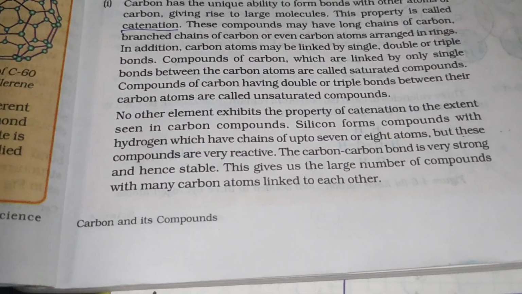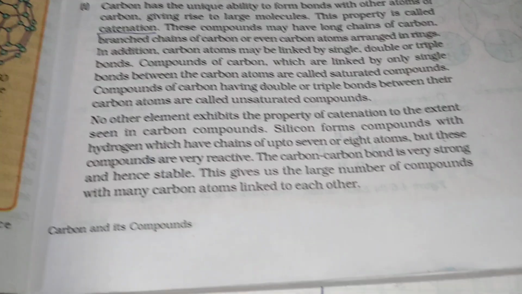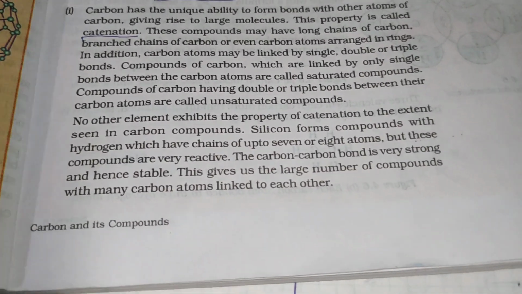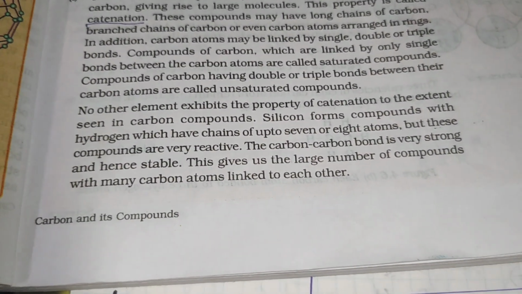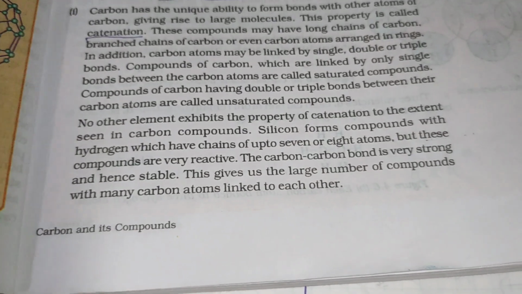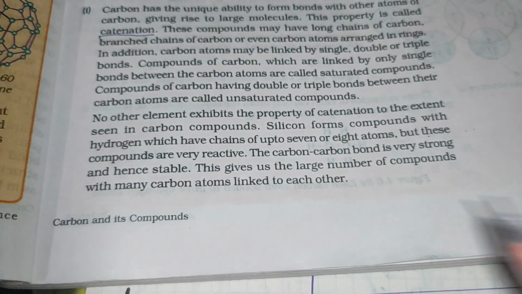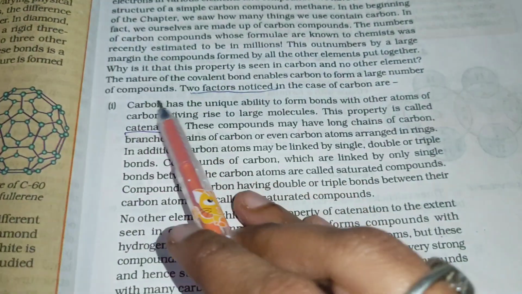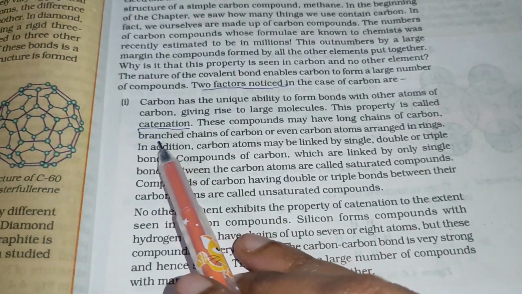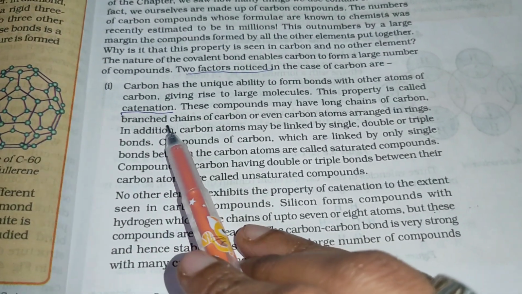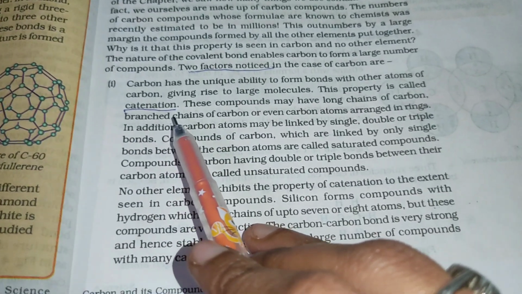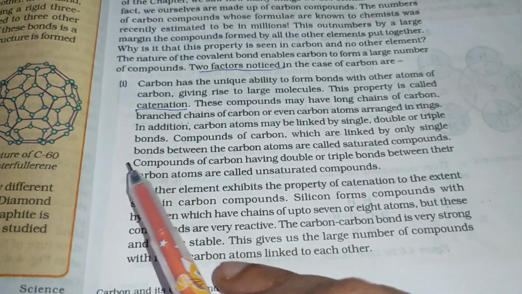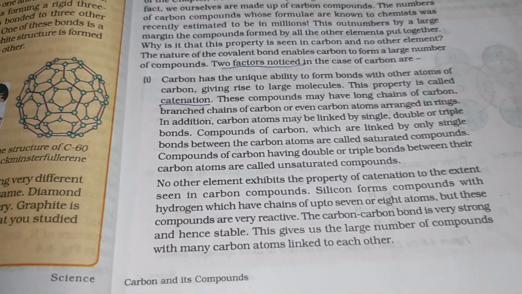Though silicon can form chains up to 8 atoms, they are not stable. Carbon bonds are stable and strong. This gives us a large number of compounds. So the first factor which makes it special is the catenation property, that is, its ability to form bonds with other carbon atoms to give large molecules.